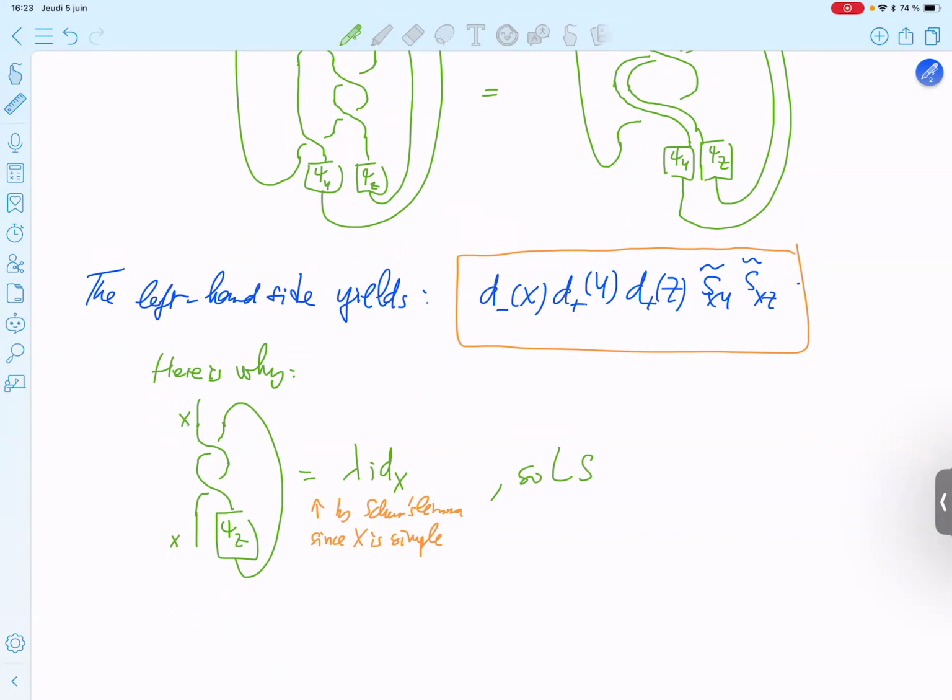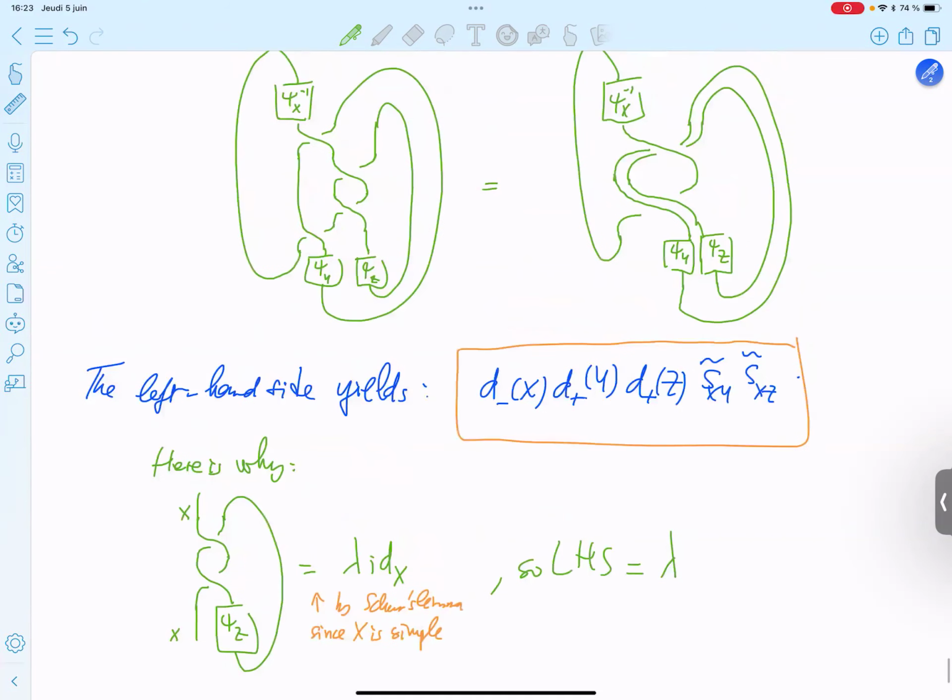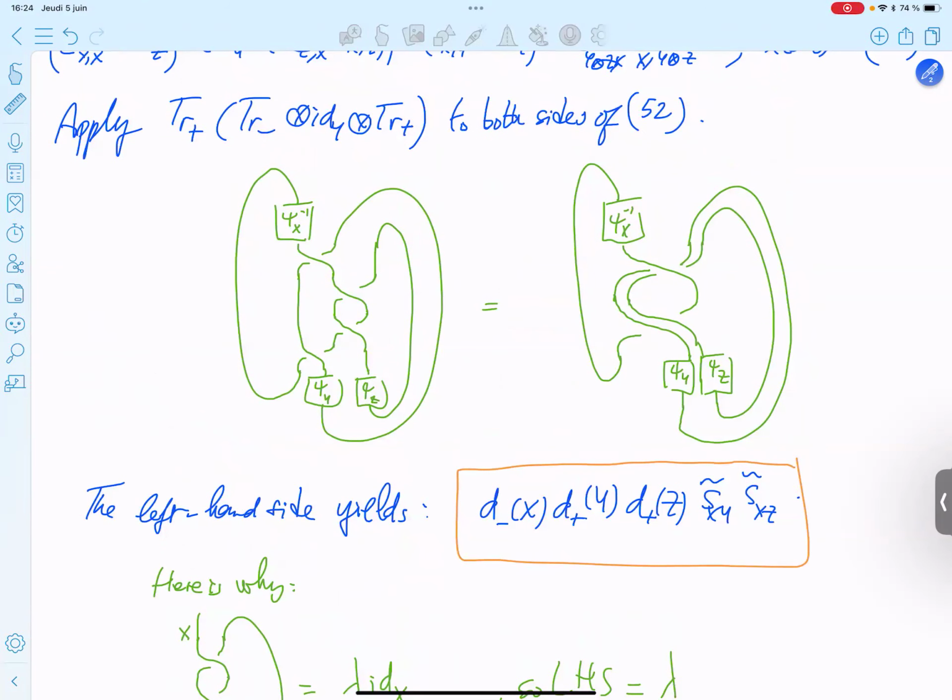So the left-hand side equals a constant times the same picture, where we replace the piece by the identity.